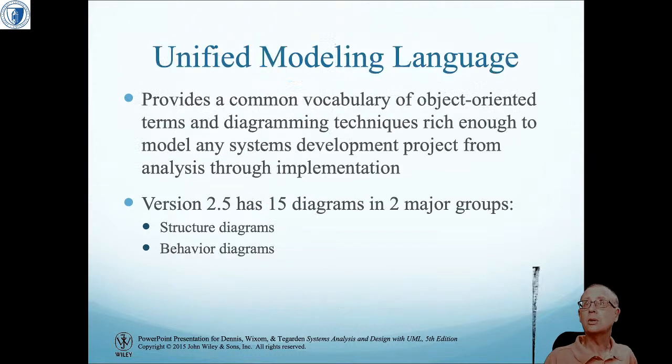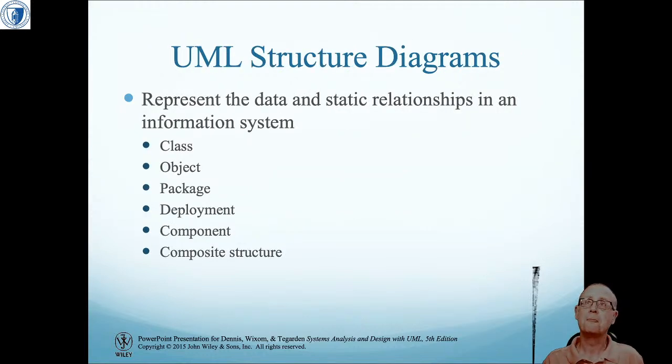The things I want to talk about next are UML, and there are several different diagrams. It looks like version 2.5 has 15. I'm not going to get you to necessarily use all different sorts of UML diagrams, but we'll certainly use some.